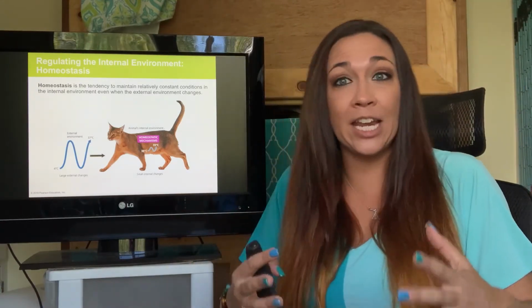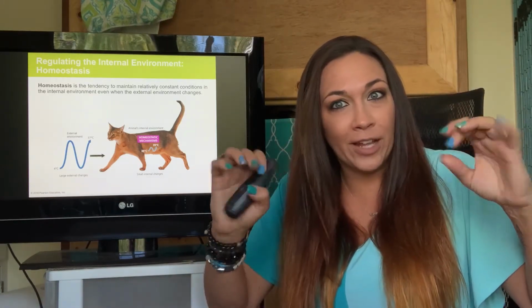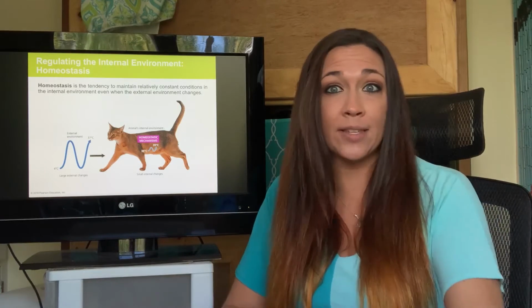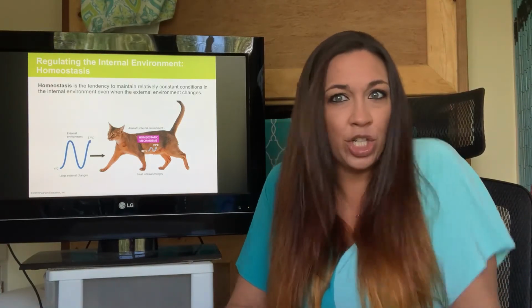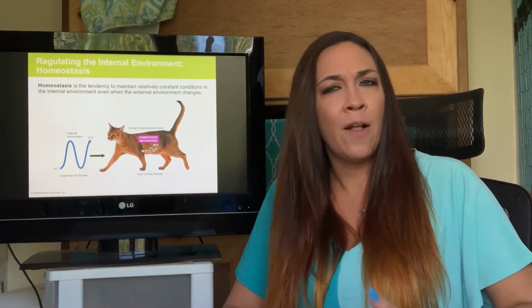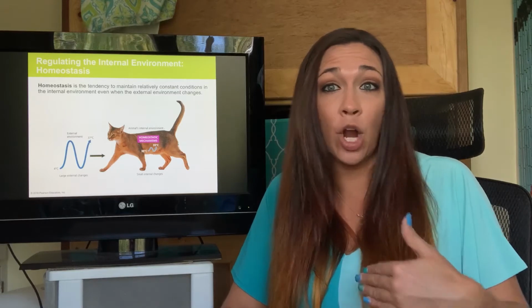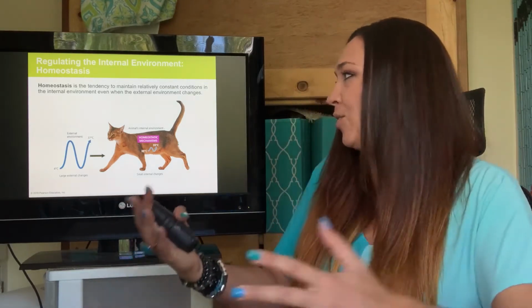Mind you, you're walking a fine line of not dying. At any point, if any one of these processes stops working, essentially you are just going to die like that, which is nuts, but we don't, because this thing called homeostasis gets maintained by our body and we're really good at it, which is just crazy and amazing all at the same time.